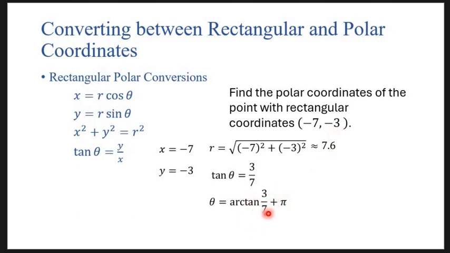So all we have to do is add pi to the answer that the calculator gives us, and we get that the angle theta is 3.5465 radians. So this ordered pair in polar coordinates would be 7.6 comma 3.5465 radians. And that is the final answer.